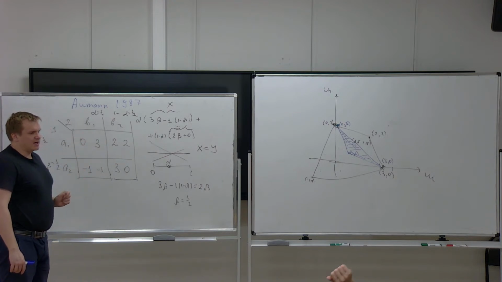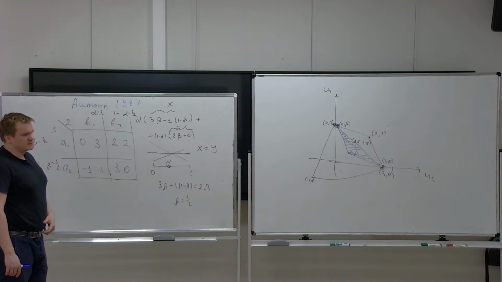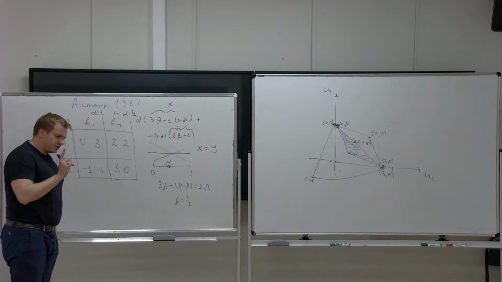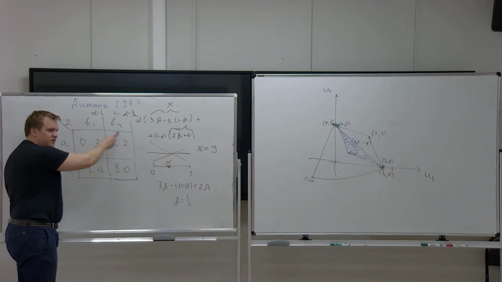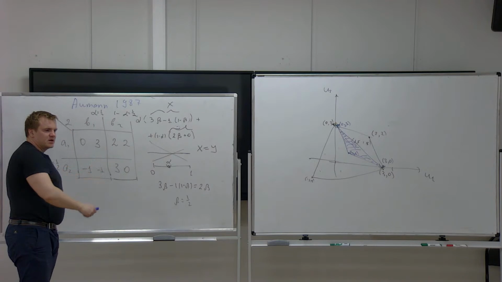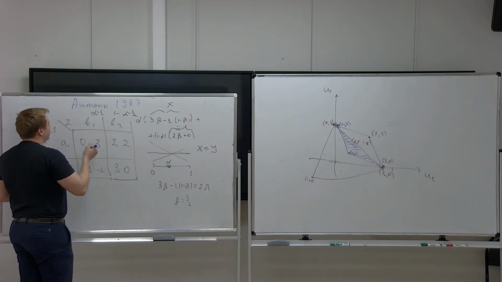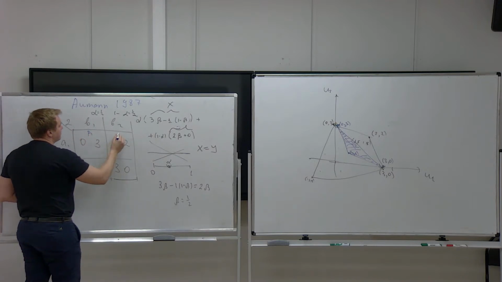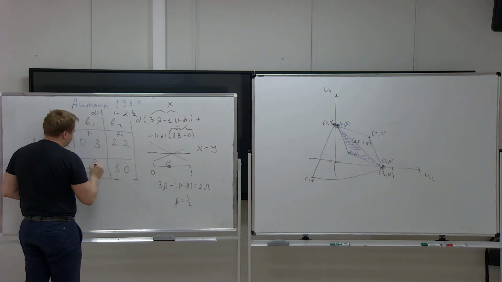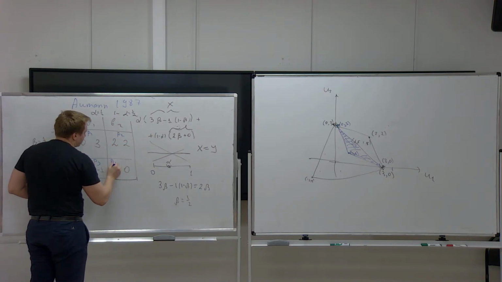So you know the game, and it's common knowledge between you that I'll be sending this with probability P1, this with probability P2, this with probability P3, and this with probability P4, which is just 1 minus the rest.